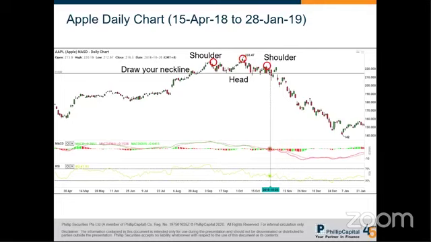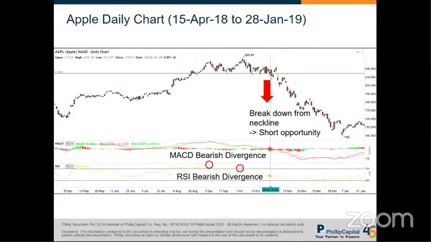The neckline may not be level and the shoulders may not be symmetrical, and sometimes it may be a slanted head and shoulders pattern. However, just now we mentioned that we look out for the losing of momentum using the RSI bearish divergence. Once it breaks down, you can do a short, then maybe you can use the head as a potential stop loss and let it continue downward.